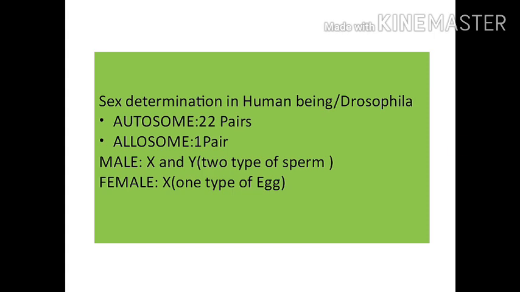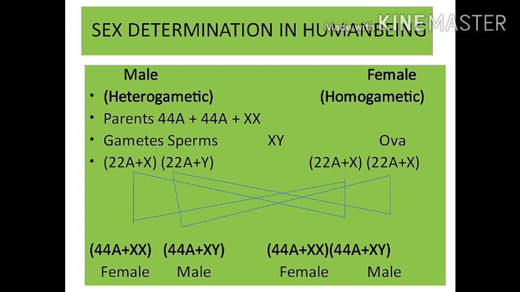Now we can observe the chart showing the gametes X and Y found in the sperm, and the ova is found to have the XX chromosome. When the X chromosome carrying egg is fertilized with the X carrying sperm, it produces a female, and when the X carrying egg is fertilized by the Y carrying sperm, it produces the male.